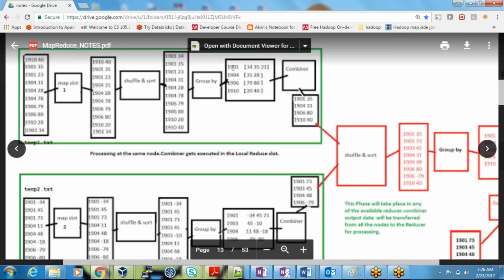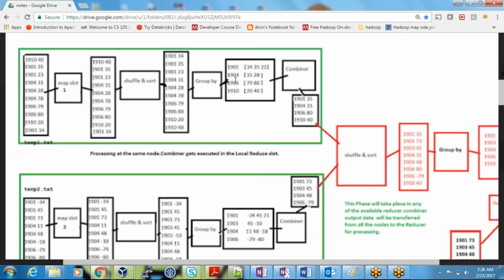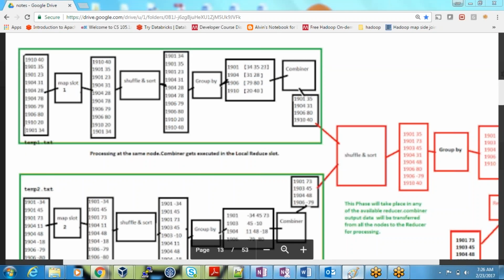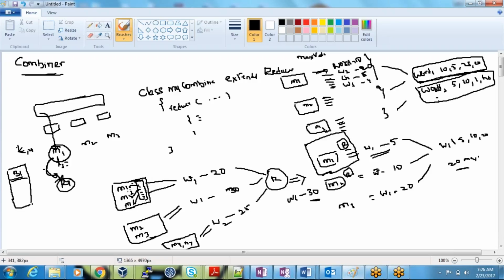In the group, if you see, 1901 has these values, 1904 has these values, 1906 has these values, and it's combined. Instead of sending 3450, 3523, it is sending only one value for each key. There may be a chance that in the same data node multiple mappers can launch, as I showed in the earlier diagram.